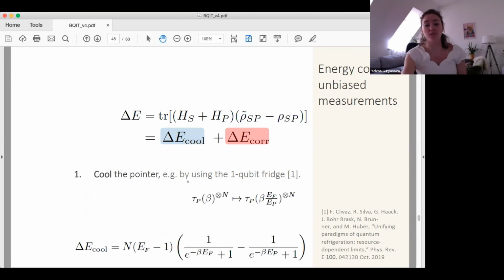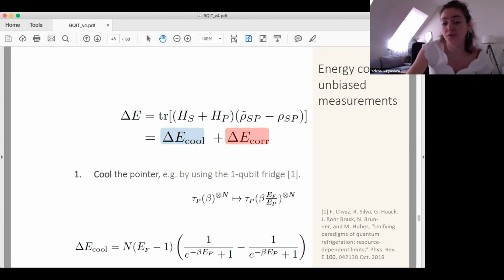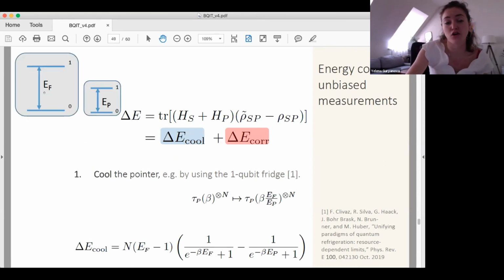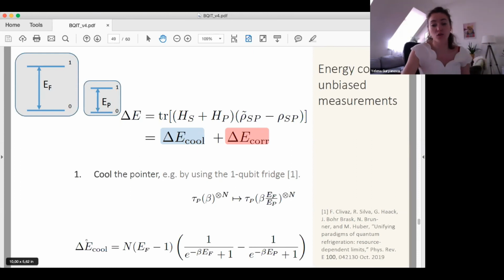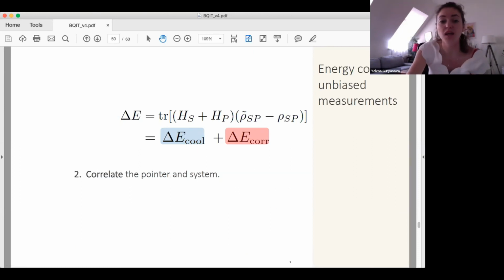If you start with some thermal pointer of n particles at inverse temperature beta, you can cool that to a new temperature, which is a function of the gaps in your fridge and your pointer. You can see clearly here that as I cool towards the ground state, which is beta is infinity, this cooling term will diverge. In the second step, I want to correlate the system and the pointer to generate as much correlation as possible.